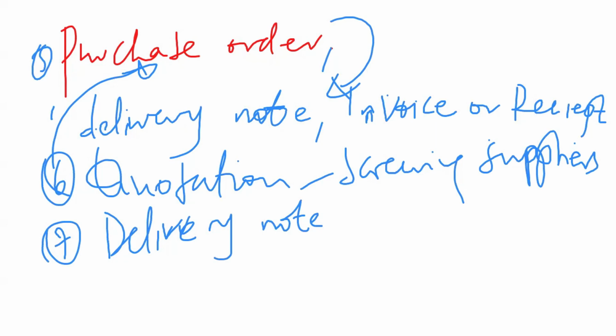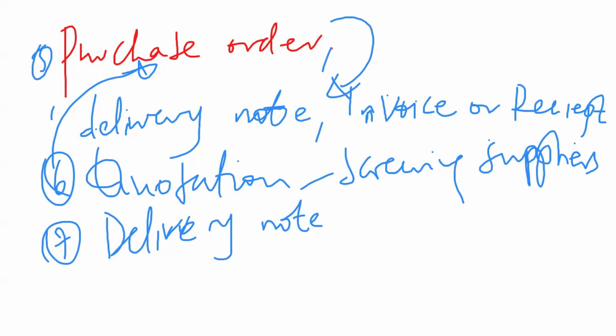But for us, we want a confirmation whether you are going to be delivering by air, by road, or by water. Then what we want is our goods. In other words, we just want goods in our premises. So for us, we are only interested in the delivery note.